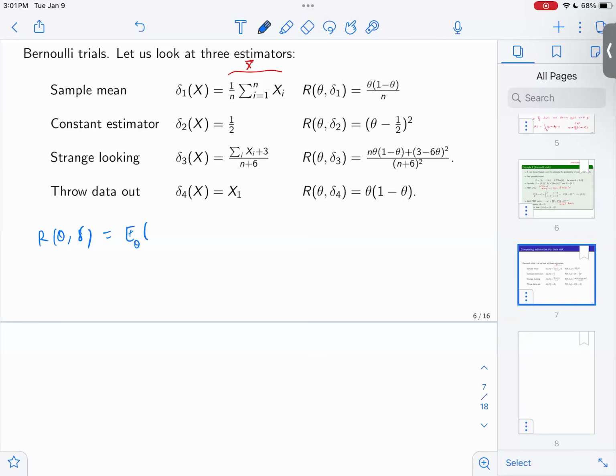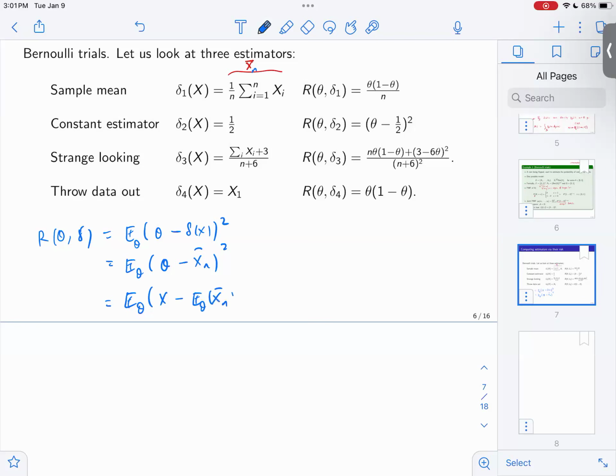This is going to be the expectation under theta of the quadratic loss, theta minus the sample mean x bar n, squared. The trick with the quadratic loss is to add and subtract the mean of the estimator, which simplifies a lot of things.